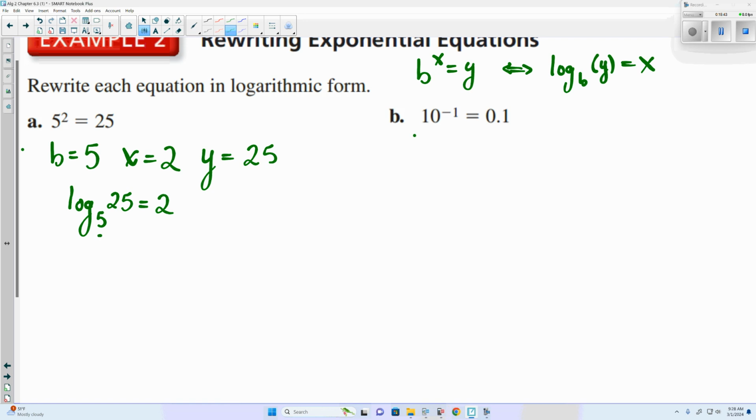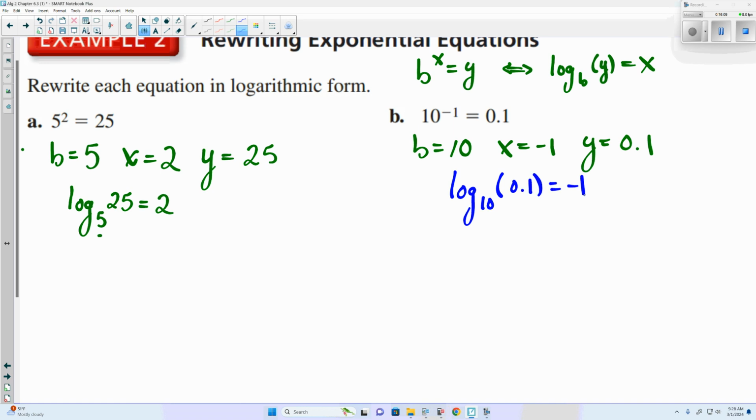So I'm going to do b, x, and y one more time. Our b in this case is 10. B is 10. X is negative 1. Y is 0.1. So 10 to the negative 1 equals 0.1, which means log base 10 of 0.1 equals negative 1.